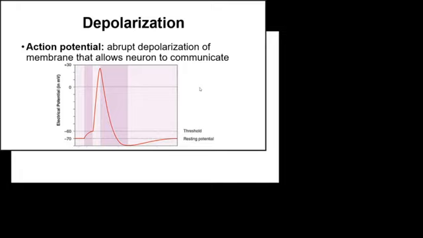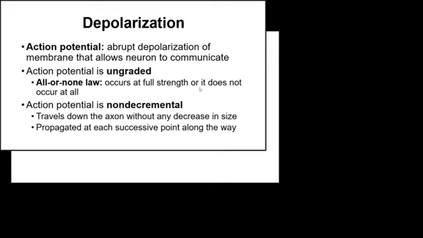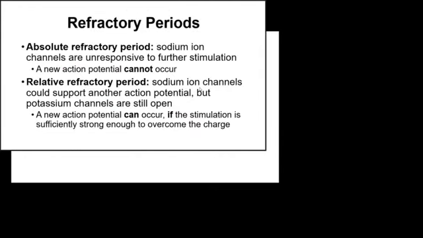This is when we started introducing our next concept, which is not an absolute refractory period, but a relative refractory period. It depends on whether the potassium channels and the sodium channels are still open or if they've closed. So, actually, I did have a slide for that.